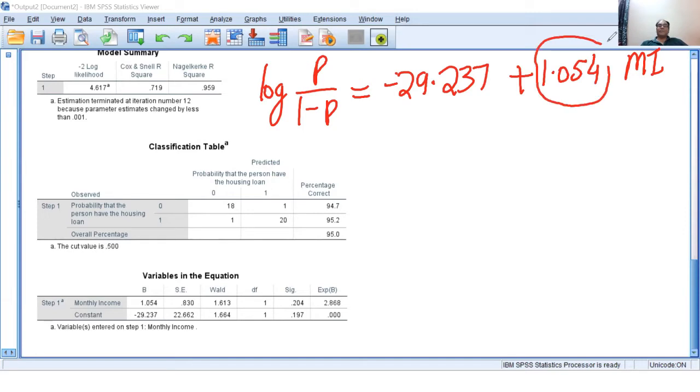It is very, very difficult to interpret because this value indicates that if monthly income increases by 1 unit, the log of the odds ratio increases by 1.054, which is a very complicated interpretation. You cannot understand the meaning of this, right? It is a very complicated concept and we cannot understand this.